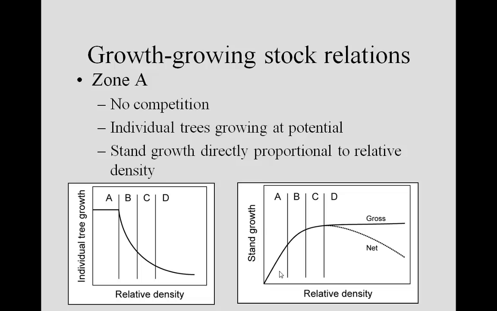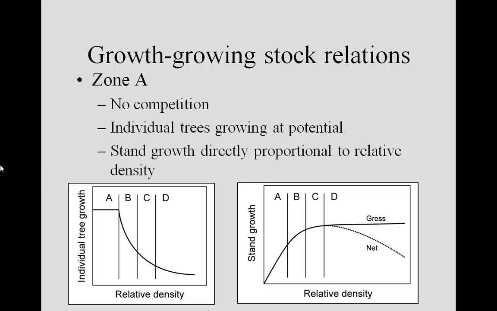So on the second plot that we visit, 25 years ago, we planted two trees, sort of equidistant, spread out on that acre, and neither one of these trees has competed a day in its life, and the growth is at its potential. Those two trees are growing just as well as the single tree on the first plot.